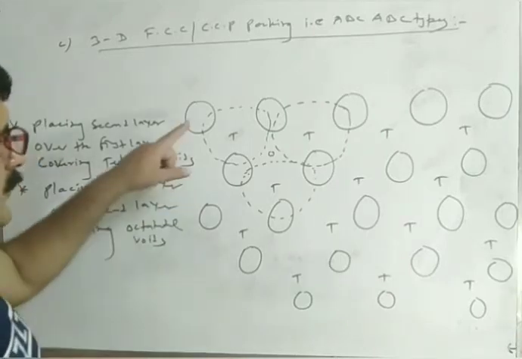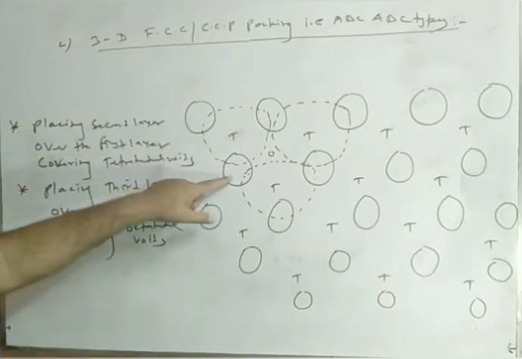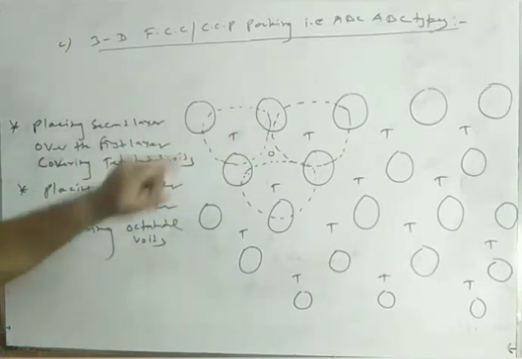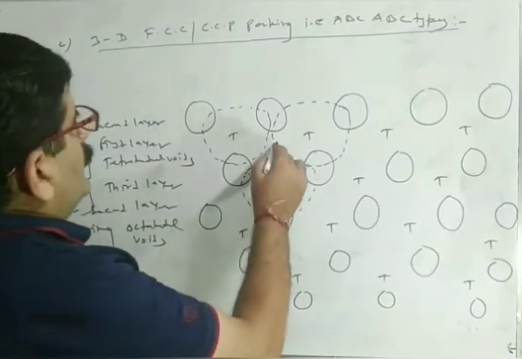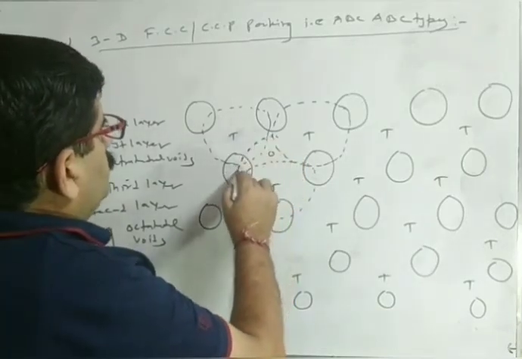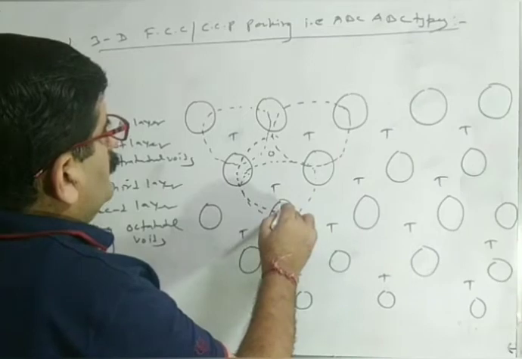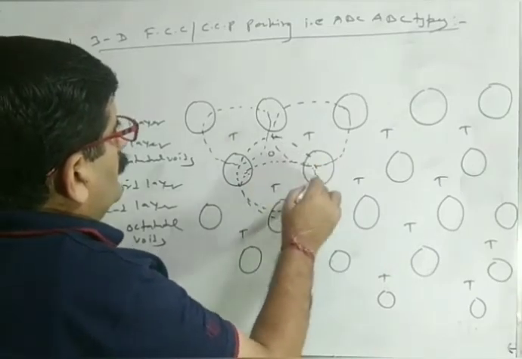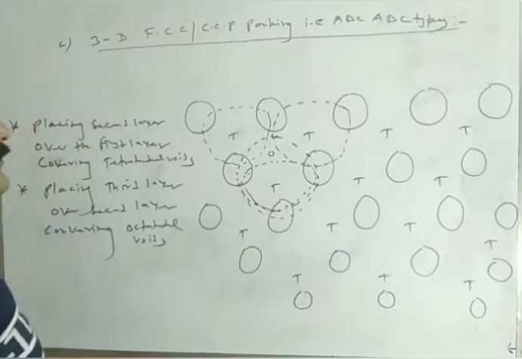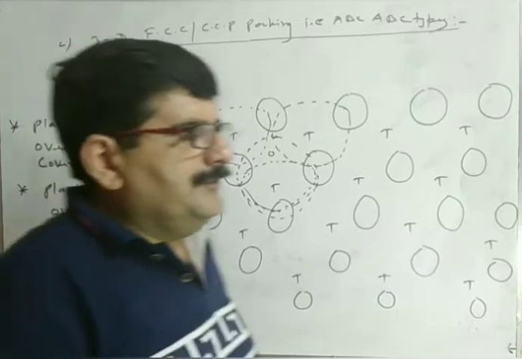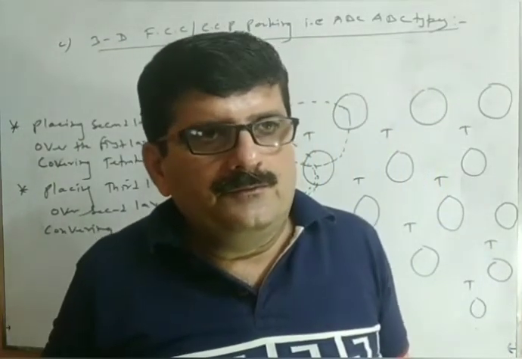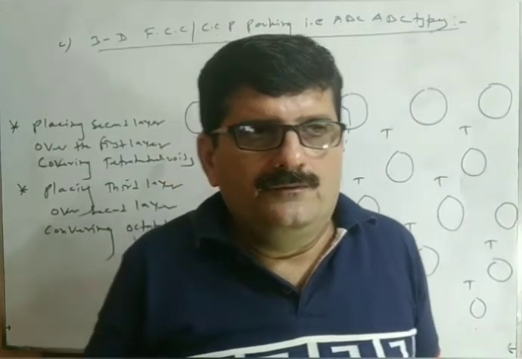So this is A, this is B, and the next one is called what? C. Suppose if we consider this one, then you obtain what? Octahedral void. Octahedral means 6 circles touched by 1 circle.